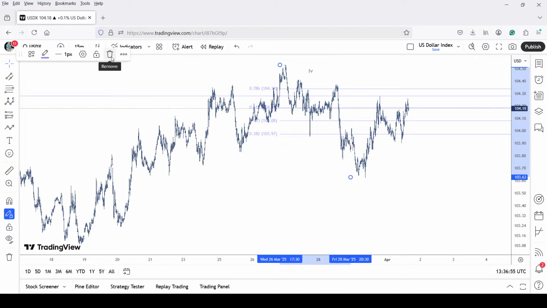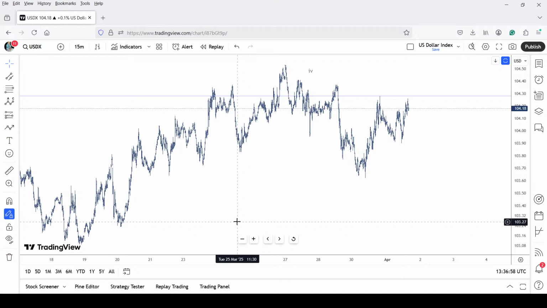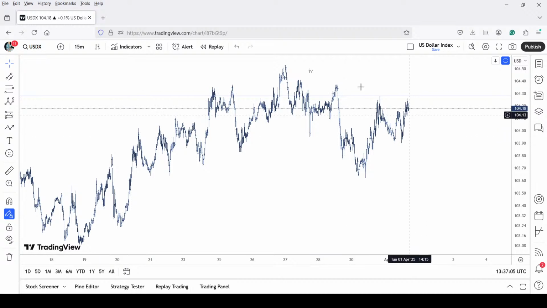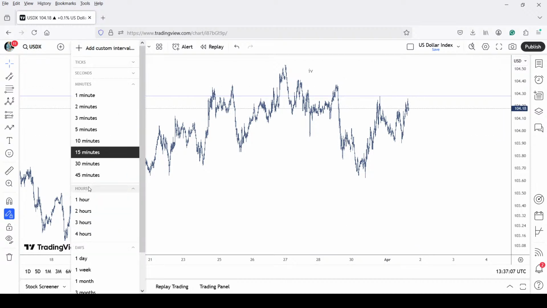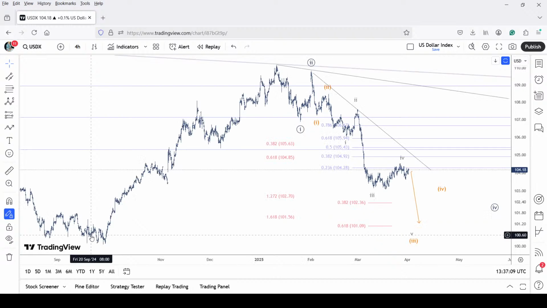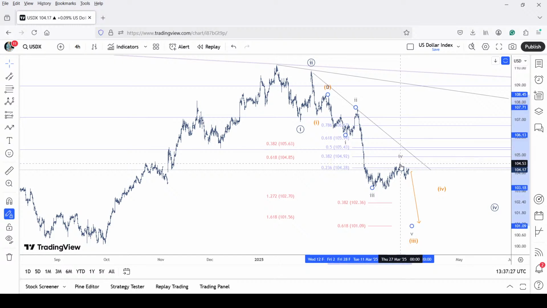All right, so looking at the dollar index, lower degree wave 2 being carved right now, from a trading point of view, it is still advisable to initiate short positions as prices trade close to 104.20 mark, and that could be the lower degree wave 2 after sub-minute wave 4 terminated around 104.50 earlier last week.